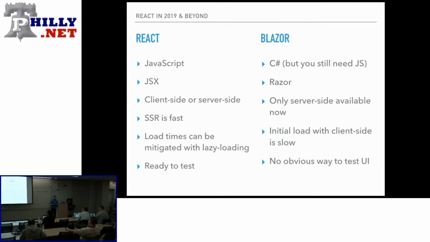And the load times can also be mitigated for big React applications right off the bat with built-in lazy loading. For bigger applications, I've noticed Blazor has a little bit of boot up time for the UI that first time, because you are downloading a lot of the WebAssembly and things to use SignalR right off the bat, and you can't really mitigate that right now. I'm hoping that gets better in the future.